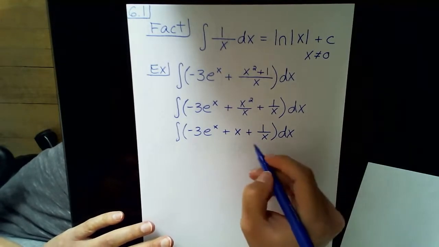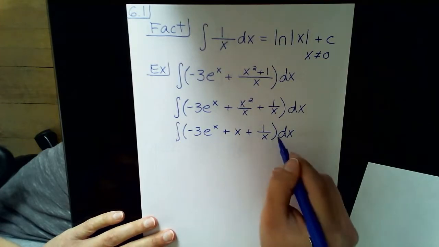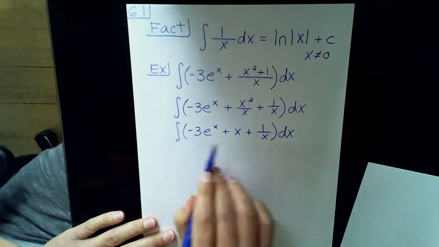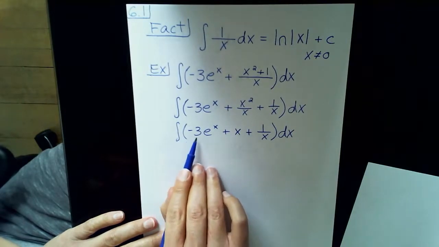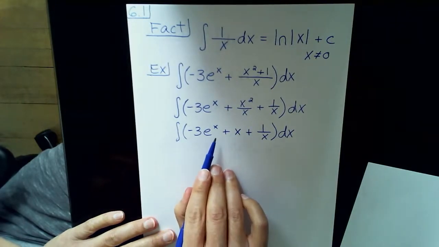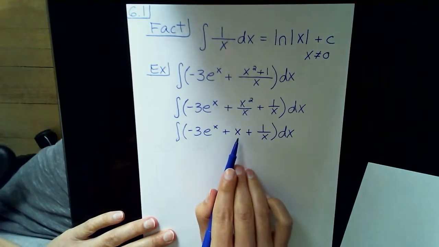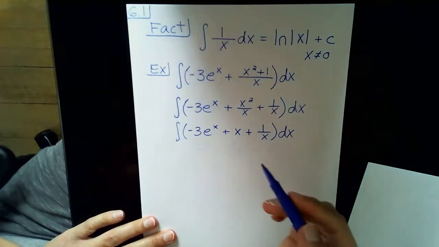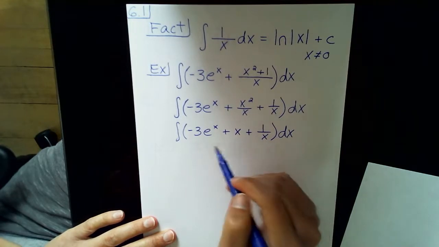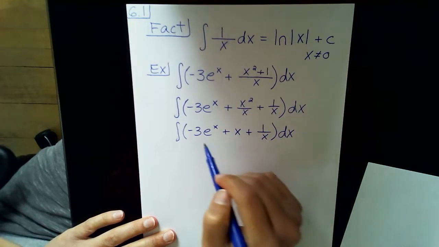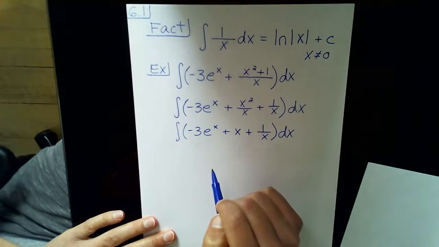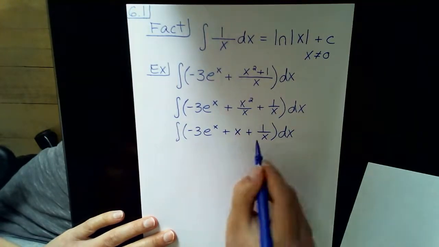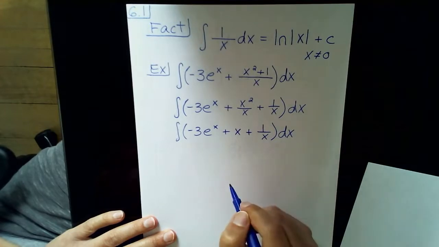If you find this too complicated to handle, you can separate each one into a different integral, meaning the integral of negative 3 e to the x dx plus the integral of x dx plus the integral of 1 over x dx. But this method will show you, just like when we handle a derivative, you can keep them all in one integral and just take the antiderivative of each term that's being added or subtracted separately.